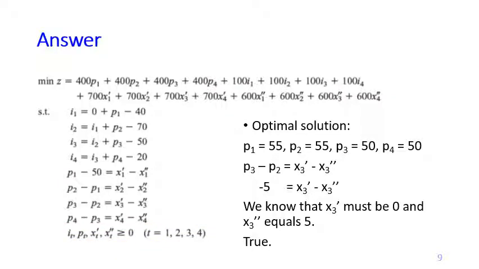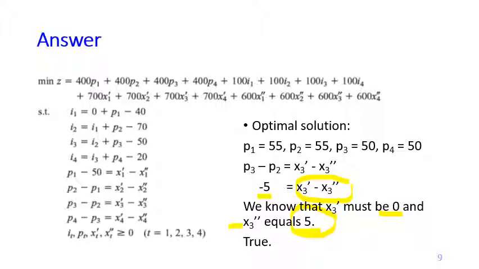The answer is true. We know that when we have two variables to represent a URS variable, and this value equals minus 5, it must be that the first one, x3 prime, is 0, and the second one, x3 double prime, must be 5. Because remember in the previous video, you see that if one becomes a basic variable, in this case x3 becomes a basic variable with a positive value, the other one must be 0.